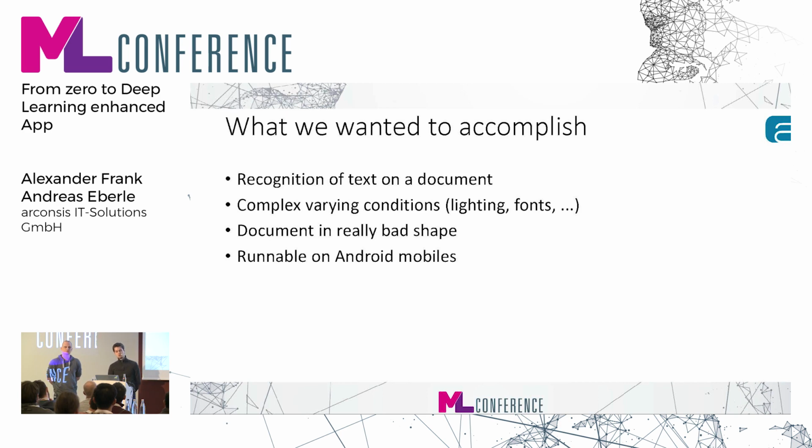On some parts of the document, there are not even cells on which you can orient yourself. Additionally, some of them are in bad shape because they have been used a lot, folded a lot, or they have dirt on them. So, a lot of stuff that makes it tricky.